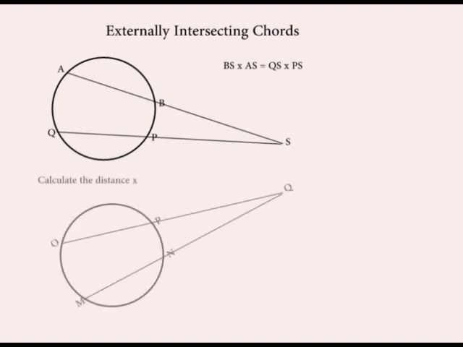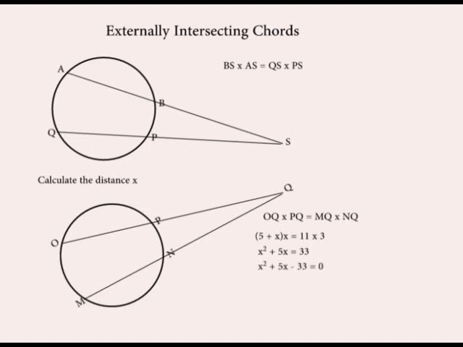For example, find X. From the above, OQ times PQ is equal to MQ times NQ. 5 plus X times X is equal to 11 times 3. X squared plus 5X is equal to 33.